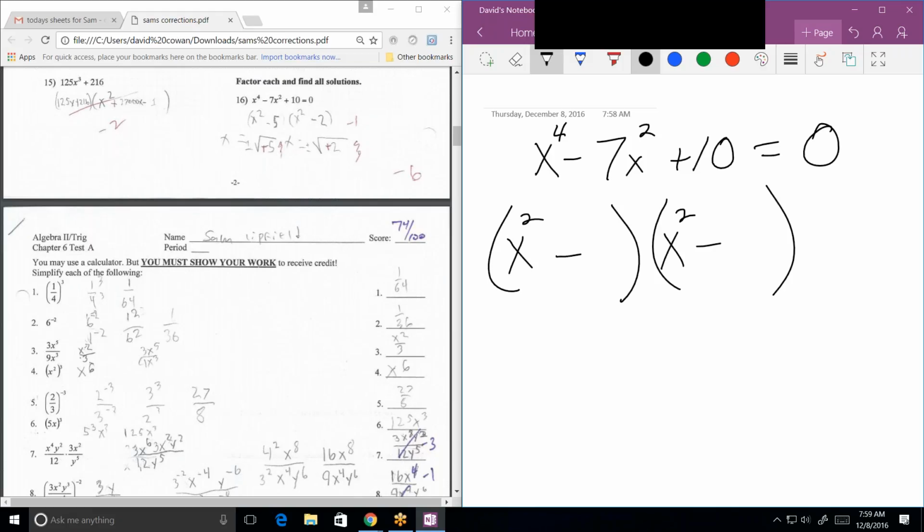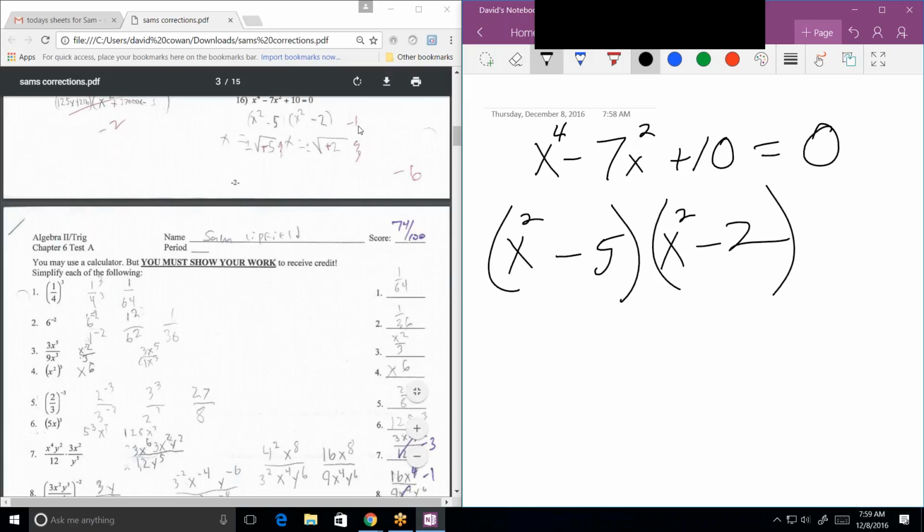And I'm looking for factors of 10 that add to 7, 5 and 2. Okay. That's the answer. Why'd she take off 1? I'm not sure. Probably because you didn't keep going. In other words, you can factor these also.